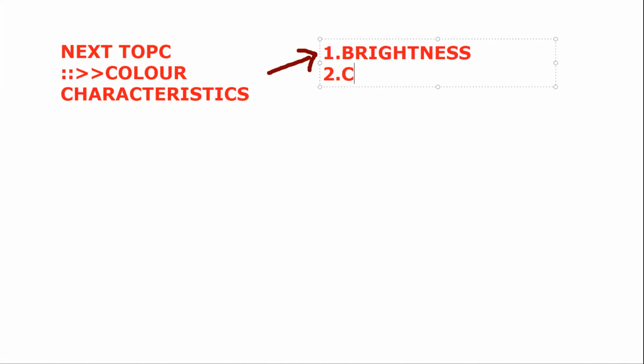The second one is contrast. You are familiar with contrast. This is the difference in light intensity between black and white parts of the picture over and above the average brightness level.